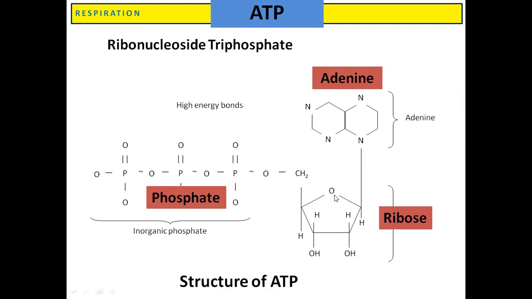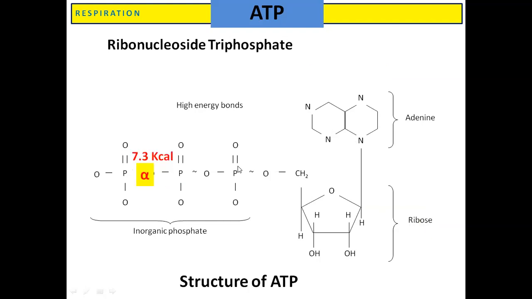The first carbon of ribose sugar binds by a glycosidic bond with the N9 of adenine. The fifth carbon of ribose sugar binds with the phosphates: alpha phosphate, beta phosphate, and gamma phosphate. See here, you can see.